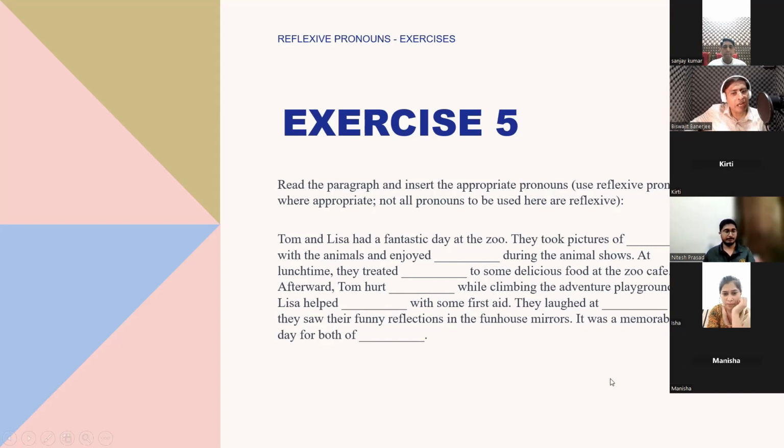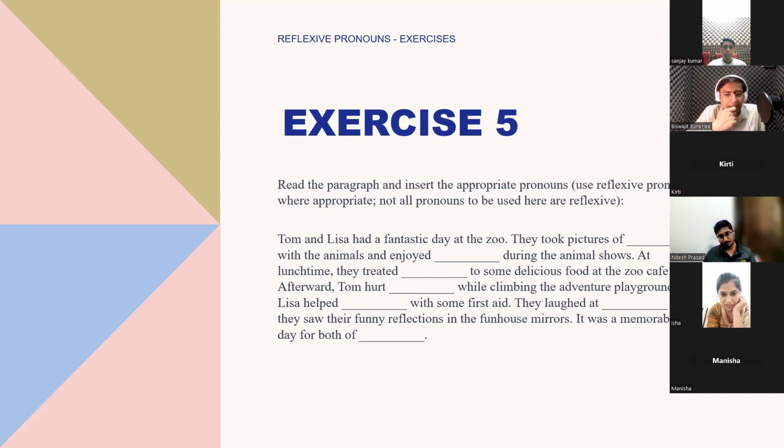Right? Now attempt it, Isha. Go ahead. Try it. Tom and Lisa had a fantastic day at the zoo. They took pictures of themselves with the animal and enjoyed themselves during the animal shows. At lunchtime, they treated them to some delicious food at the zoo cafe.